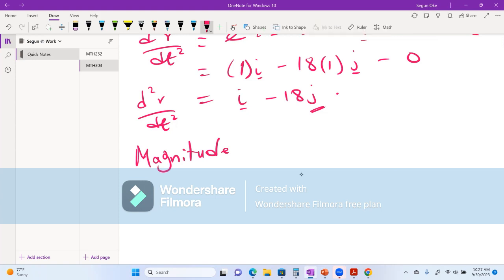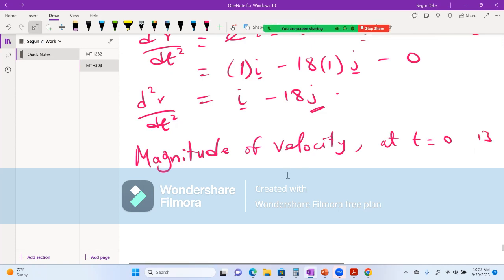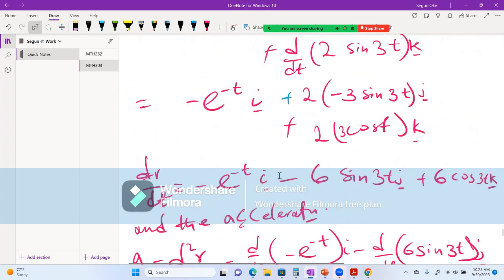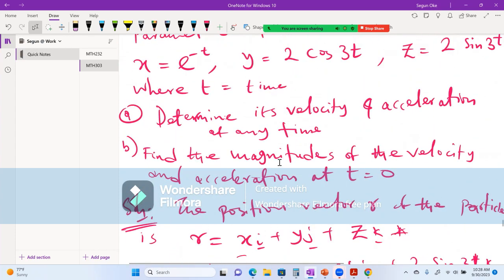He said a particle moves along a curve whose parametric equations are as follows: x equals e^(-t), y equals 2 plus 3t, z equals 2 sine 3t, where t is time.